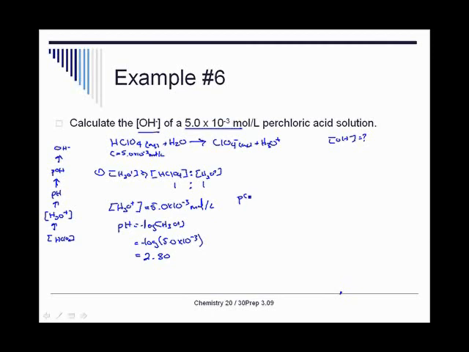So pOH is equal to 14 minus pH. So 14 minus 2.30 is equal to 11.70. And now that we have our pOH, we can calculate the concentration of hydroxide. So the concentration of hydroxide ions is equal to 10 to the negative pOH.